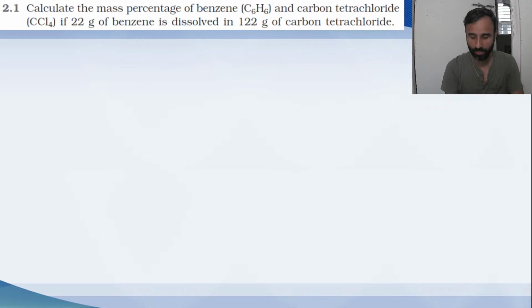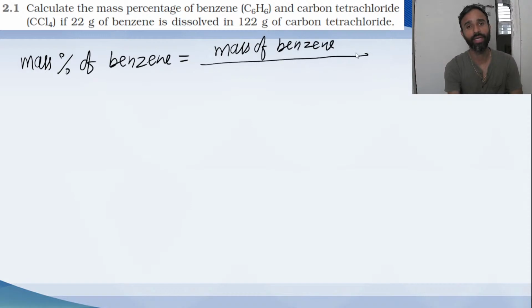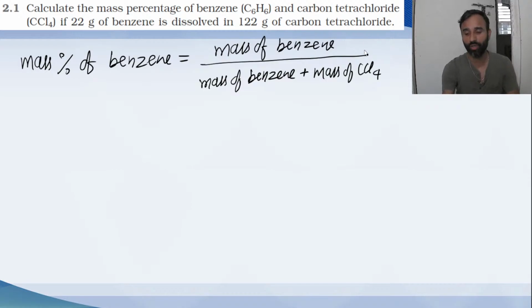To calculate mass percentage of benzene, mass percentage of benzene is equal to mass of benzene divided by mass of benzene plus mass of carbon tetrachloride, into 100. This is the mass percent of benzene.